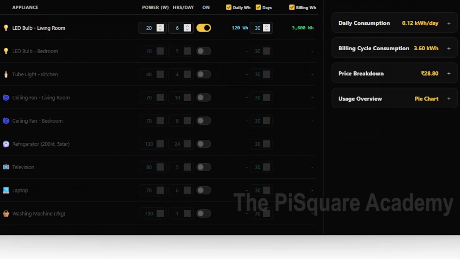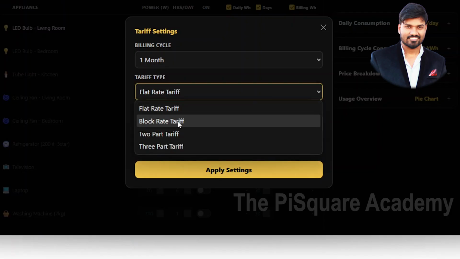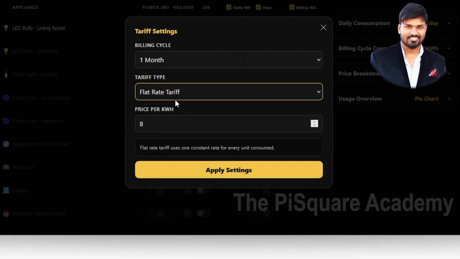Now, how is the price calculated here? Suppose I am using a flat rate tariff. I discussed these tariffs. The price per kilowatt hour in my locality is, let's take, 7 rupees per unit, a flat rate.